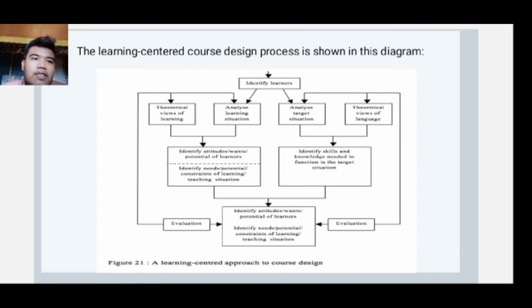So identify skills and knowledge needed to function in the target situation. And last, identify attitudes, wants, potential of learners, and identify needs, potential, constraints of the learning and teaching situation.